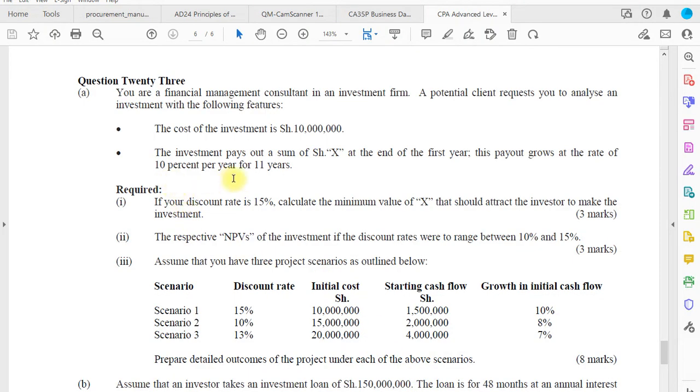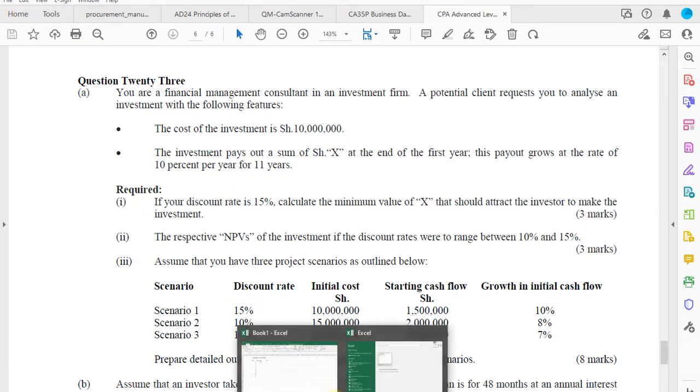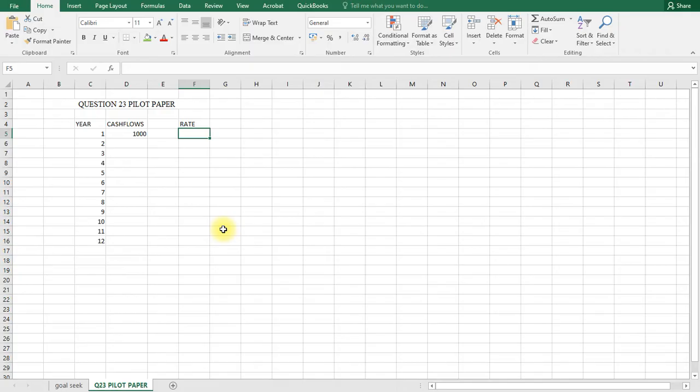It is growing at 10% per year for the next 11 years. So 10% as our growth rate. For the second one, I will activate this, take 1,000, multiply by the rate, and the rate here is fixed, so I will lock the rate using F4, and I put enter.